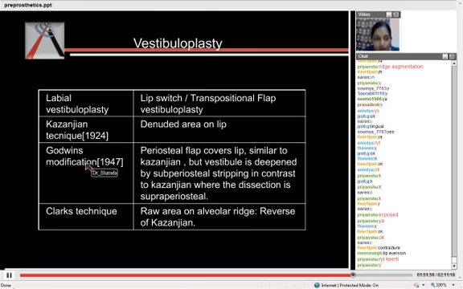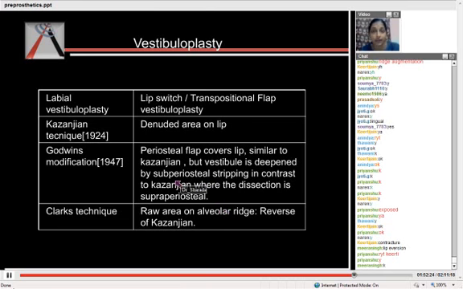Now Godwin modified it. His was the classical lip switch technique. Switch means he switched the flaps. He put the alveolar mucosa flap from the bone onto the lip, and the lip flap onto the bone. Ultimately, he left nothing raw or denuded. Everything was covered.